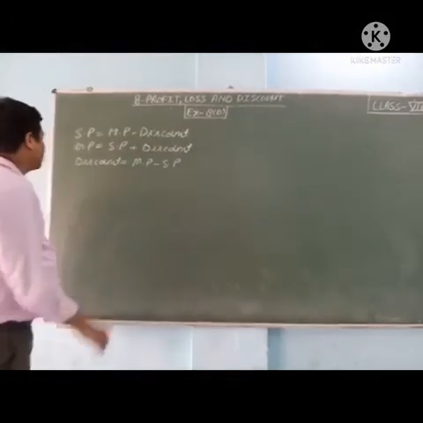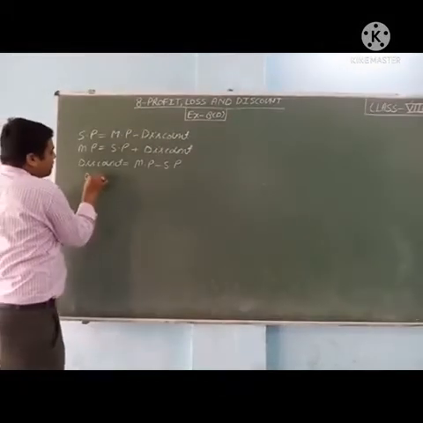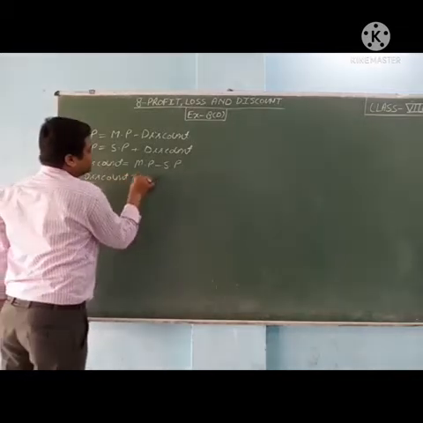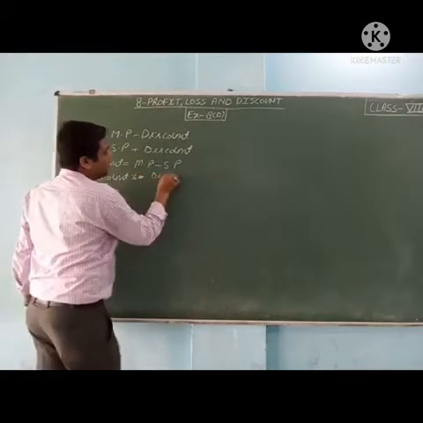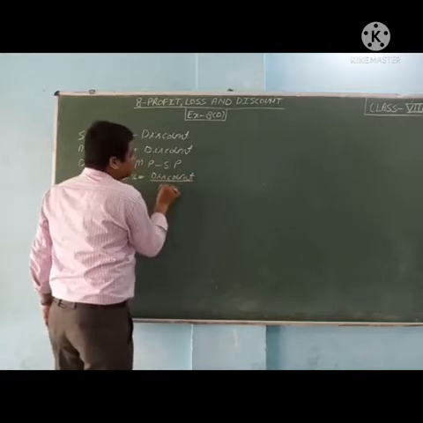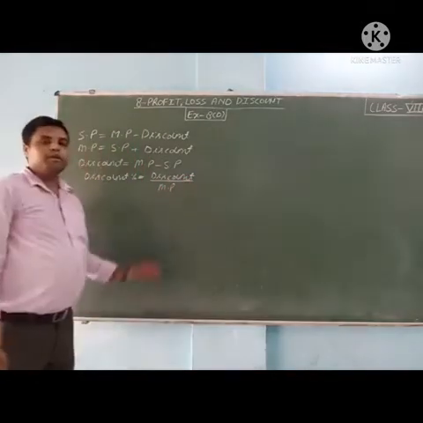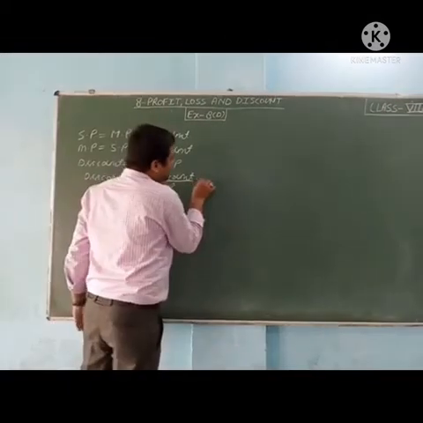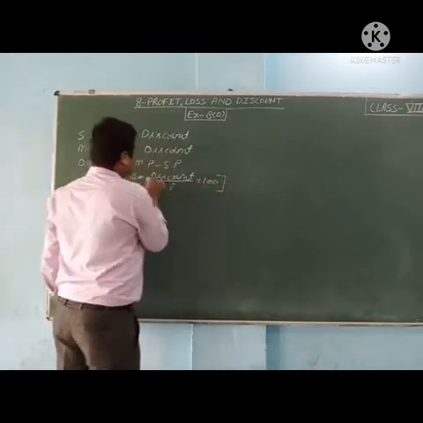One more formula, discount percent, as in profit percent. Discount percent is discount upon mark price, because discount is always calculated on mark price. So discount upon MP into 100%.